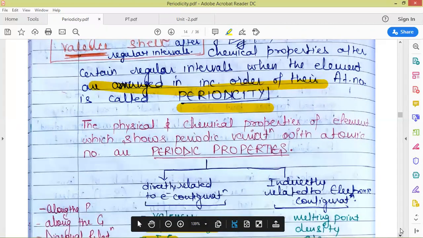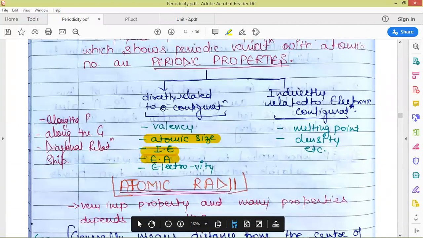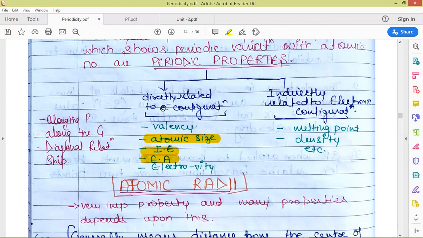Now these periodic properties are divided into two categories: those which are directly related to the electronic configuration, and those which are indirectly related to the electronic configuration. Those which are directly related are valency, atomic size, ionization energy, electron affinity, and electronegativity.